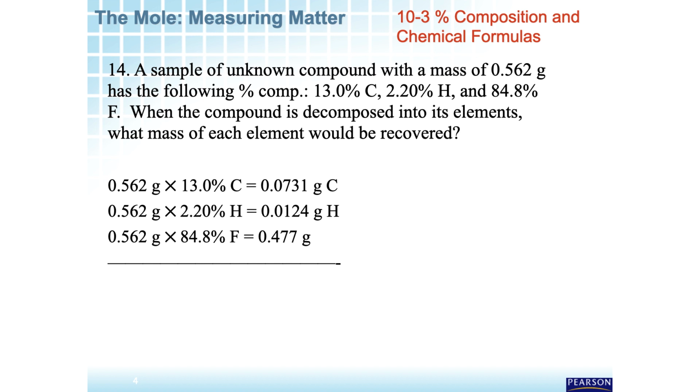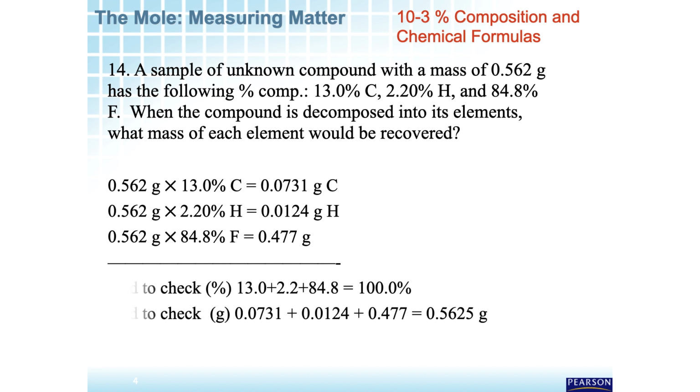Now, to check your work, what you're going to do is add them together. Because we know 13 plus 2.2 plus 84.8 is 100%. 0.0731 plus 0.0124 plus 0.477 equals 0.5625. Now, if you look at your original mass, it's 0.562, but always remember, the last digit being estimated can be plus or minus 1.